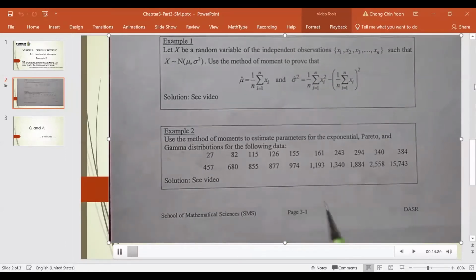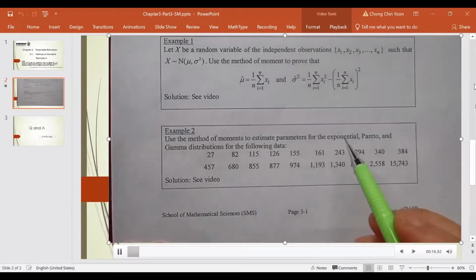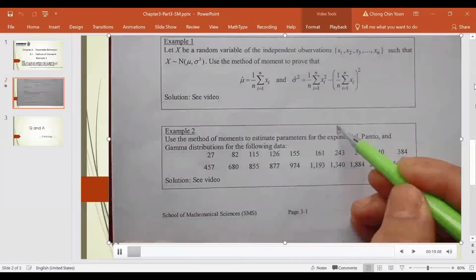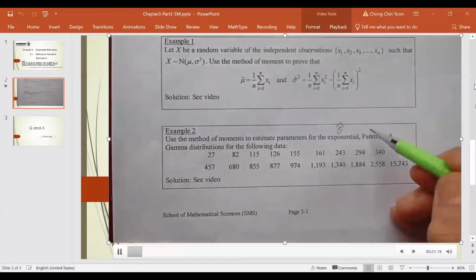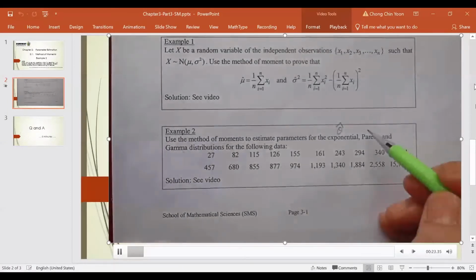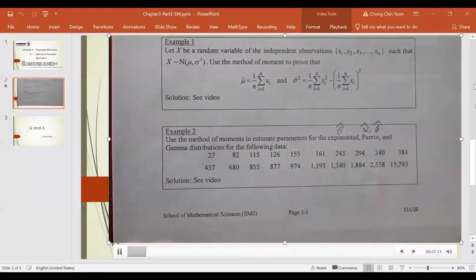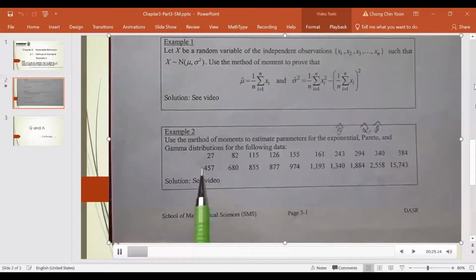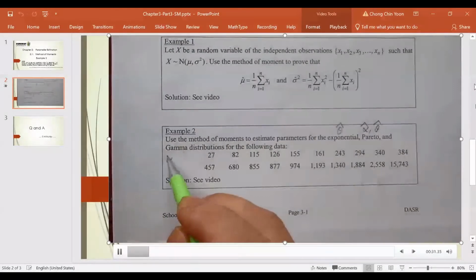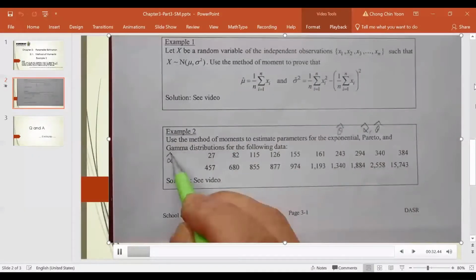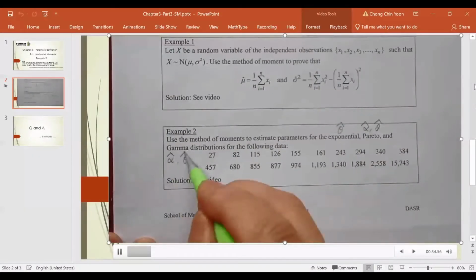That means we try to estimate the parameter for the exponential, and for Pareto we try to estimate the parameters alpha and theta. And for the gamma distribution, we also try to estimate the parameters alpha and theta.